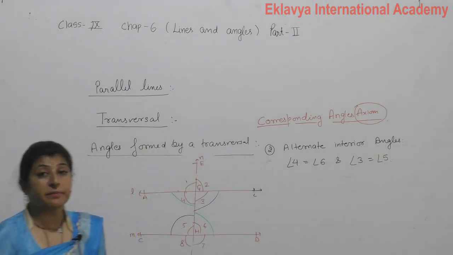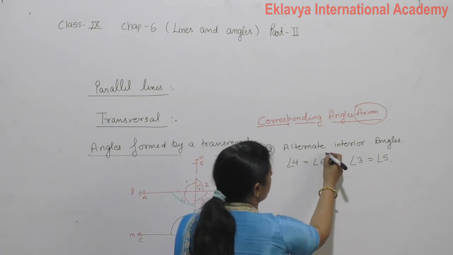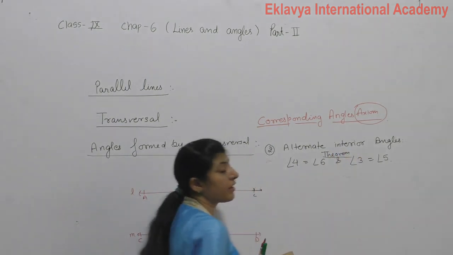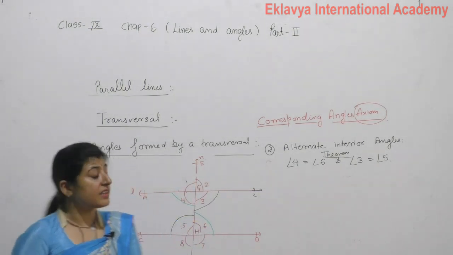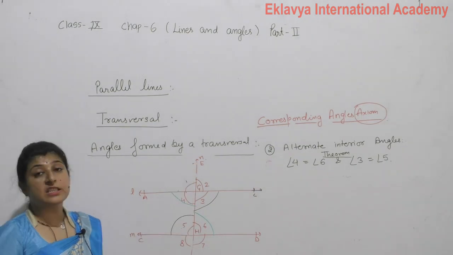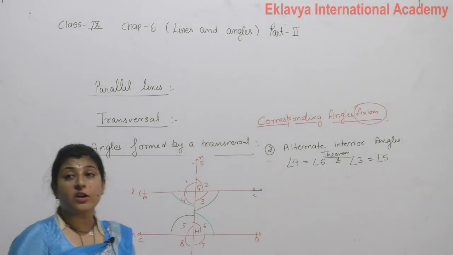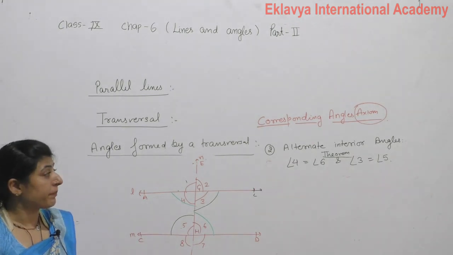So what is the statement of the alternate interior angle theorem? This theorem states that when a transversal intersects two parallel lines, then their alternate interior angles are equal.